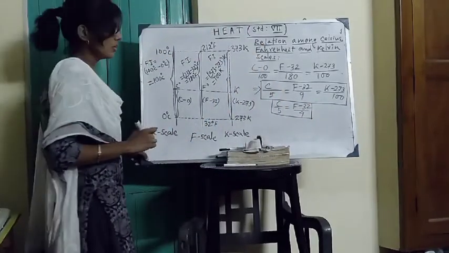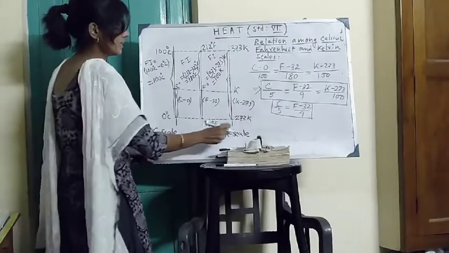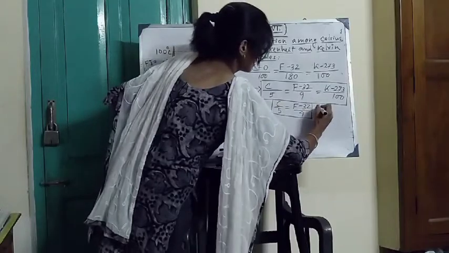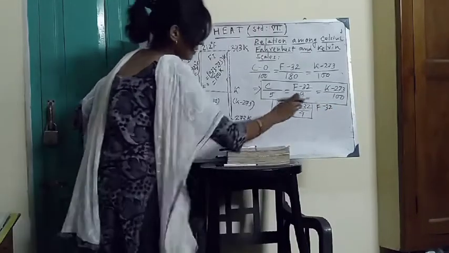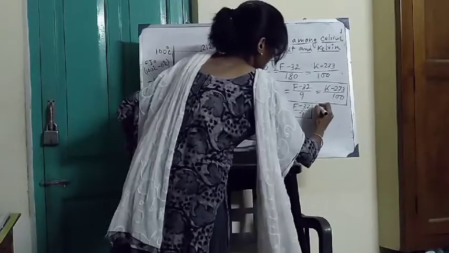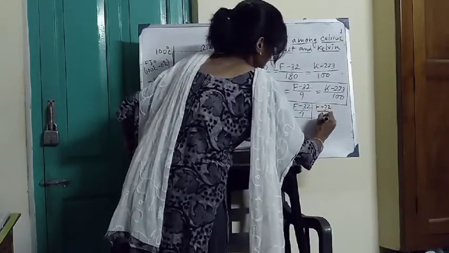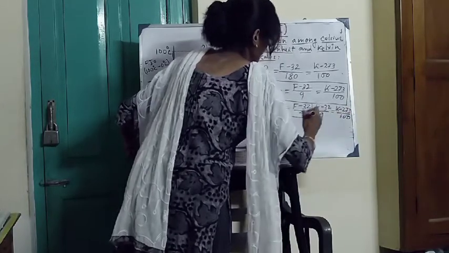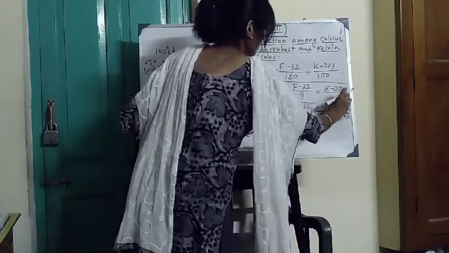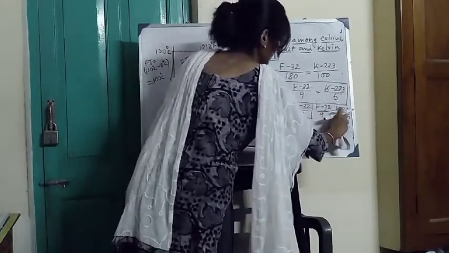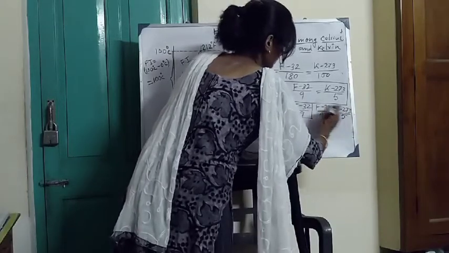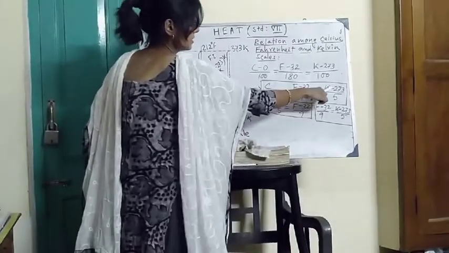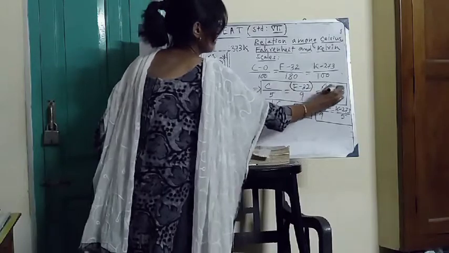Now, if we consider the relation between Fahrenheit and Kelvin, then we use these two relations: F minus 32 by 9 is equal to K minus 273 by 100. Sorry, it will be 5. F minus 32 by 9 is equal to K minus 273 divided by 5.